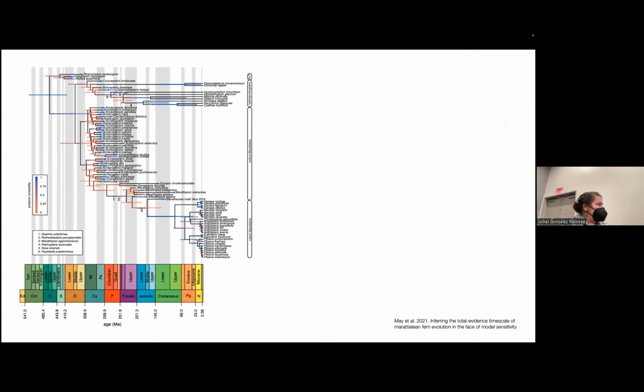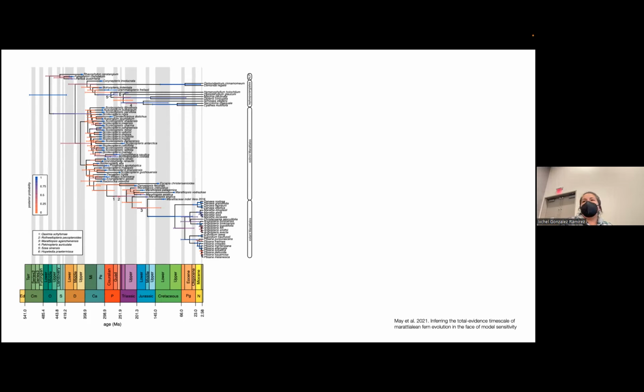And by the way, a little bit of promotion. This paper is from Mike and Carl and all their collaborators. It's actually a very nice paper because besides working with this really cool group of plants, the Marattialean ferns, they give a lot of practical and technical advice on how to run this kind of analysis.